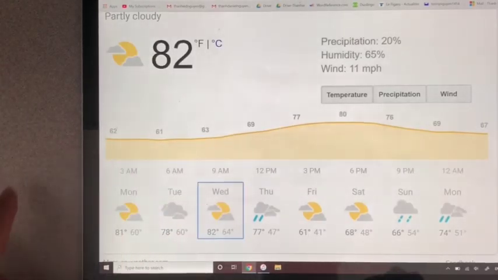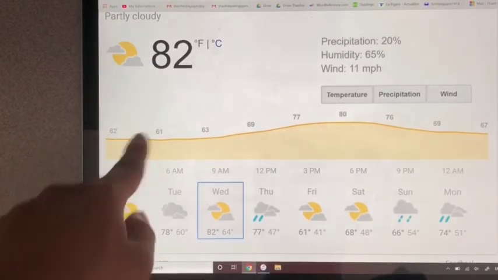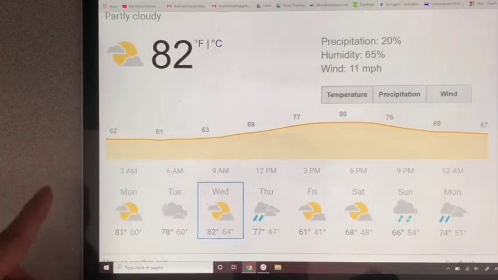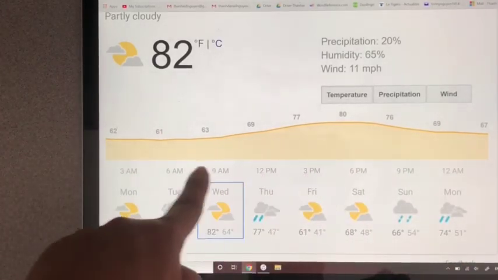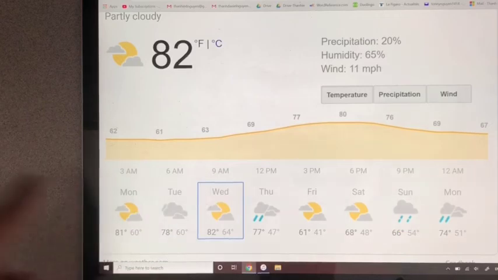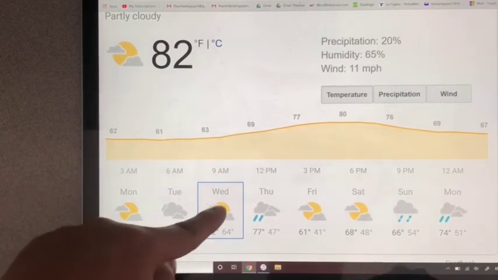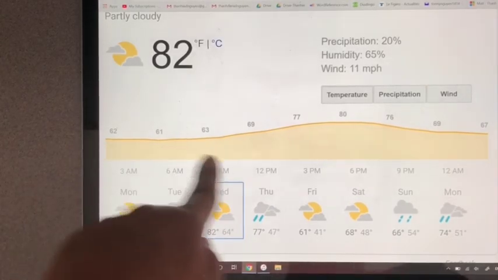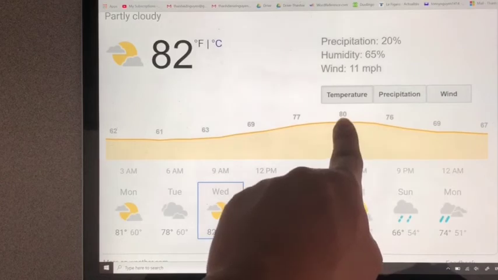Tell me, so this is Wednesday. What is the temperature in the afternoon? What is the temperature in the afternoon on Wednesday?